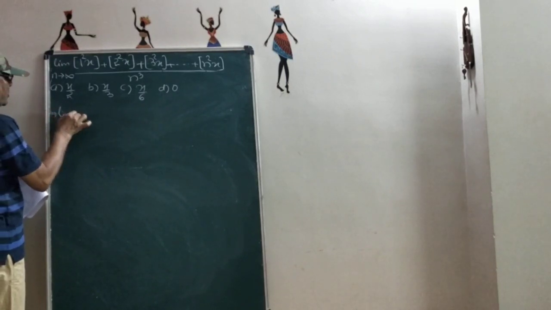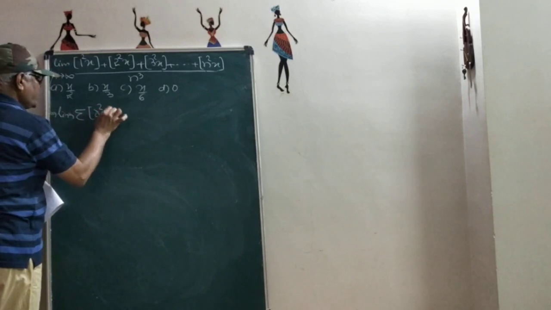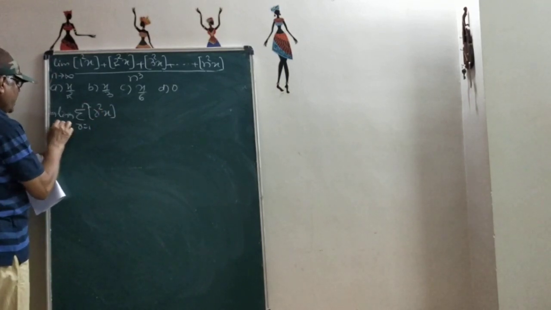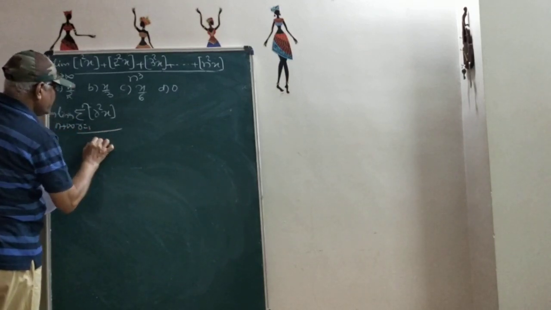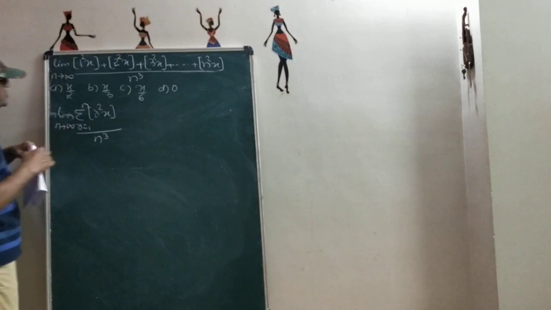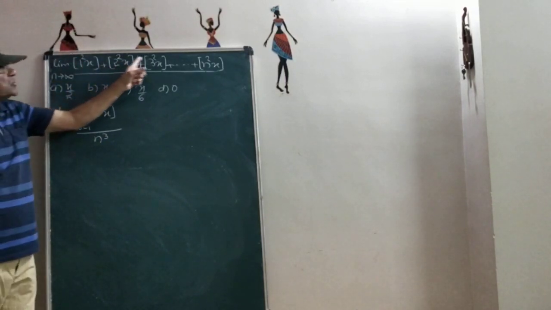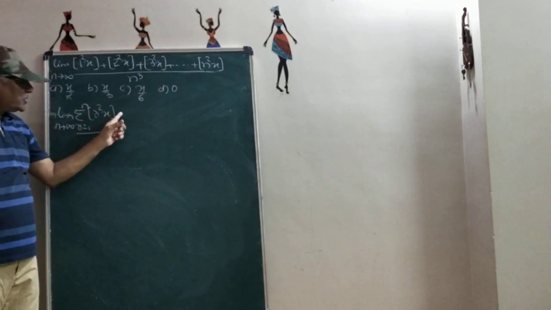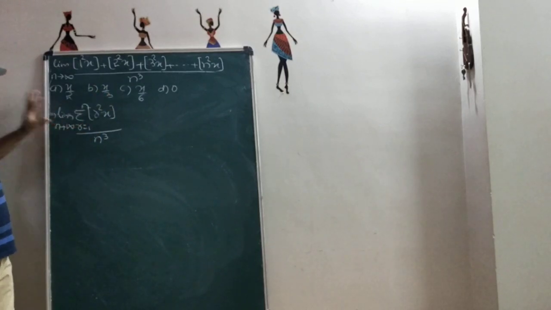That is limit of sigma greatest integer of r square into x, r from 1 to n, as n tends to infinity, divided by n cube. See now, in the numerator you are replacing by 1 square, 2 square, 3 square and so on, r square. That means greatest integer of r square into x, r from 1 to n, and upon n cube as n tends to infinity.